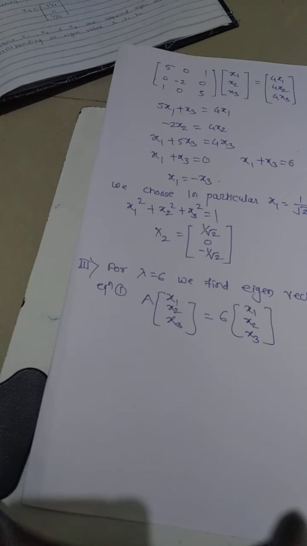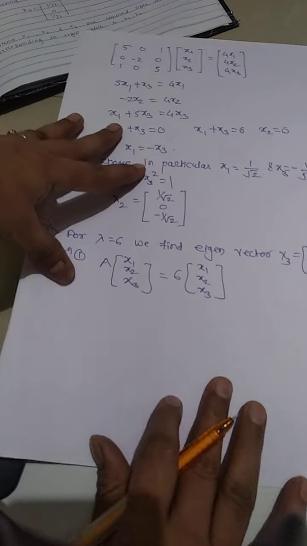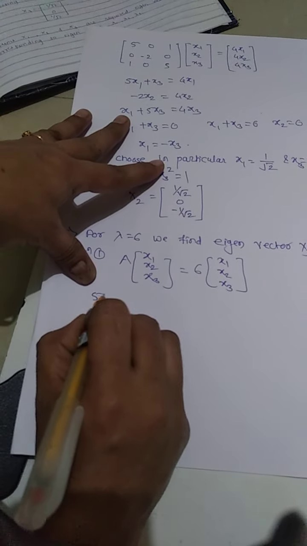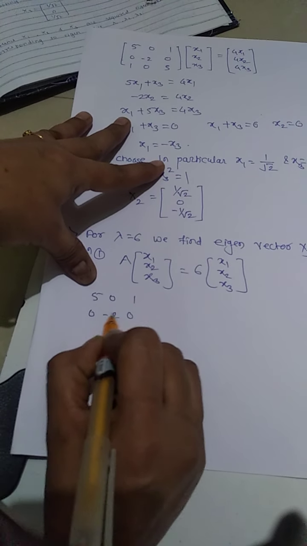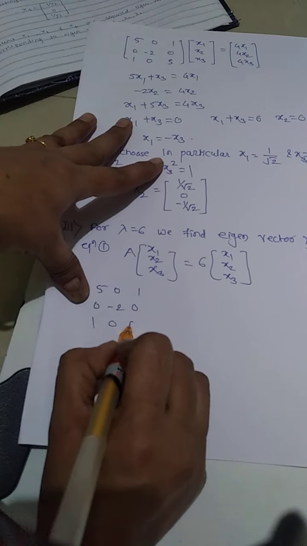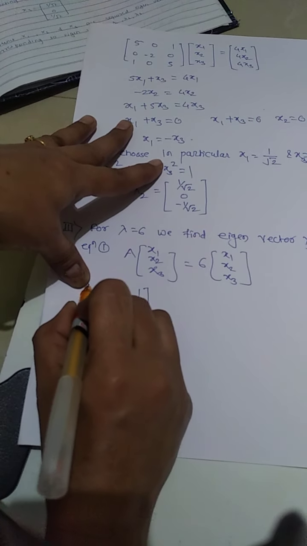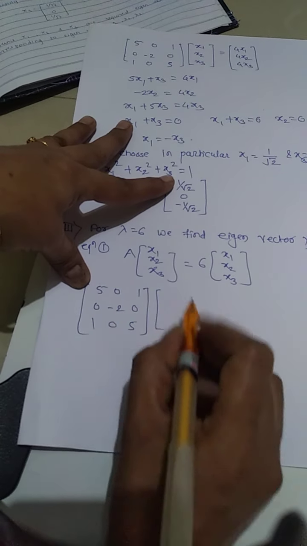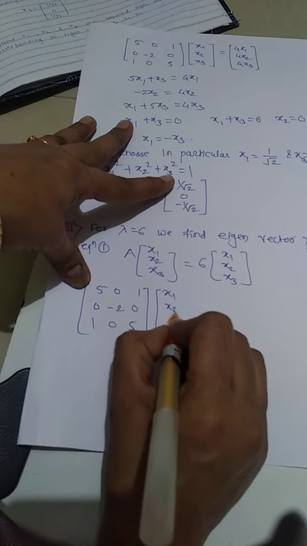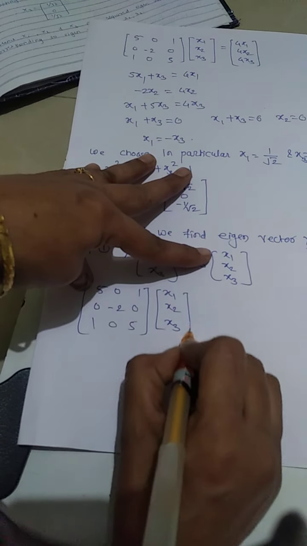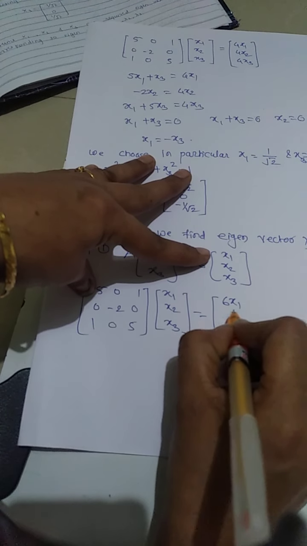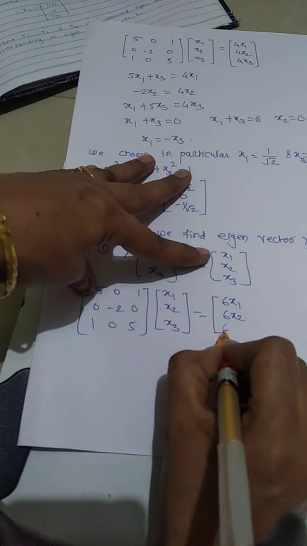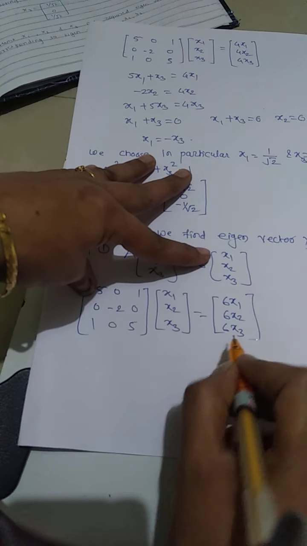Then putting the value of A, [5 0 1; 0 -2 0; 1 0 5] into (x1, x2, x3) is equal to (6x1, 6x2, 6x3).